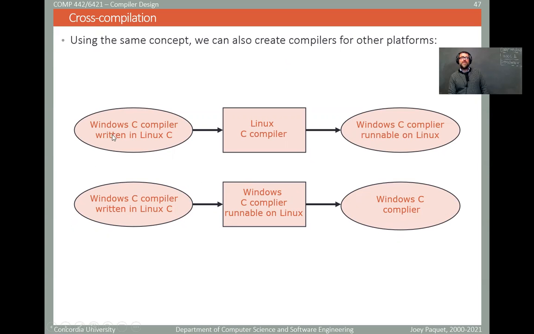Then you take this code again and compile it using this compiler, and pop comes, at the end of the pipeline, your Windows C compiler that you can then take and execute on a Windows machine and start using it. Okay, so that's what is called cross compilation.